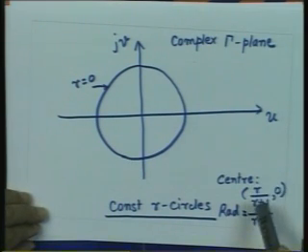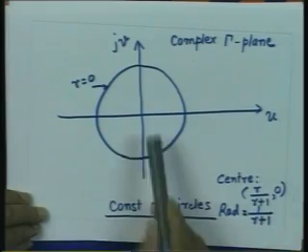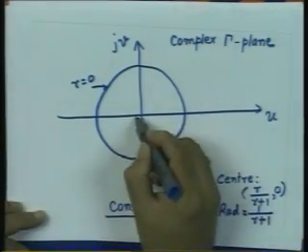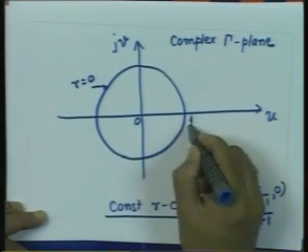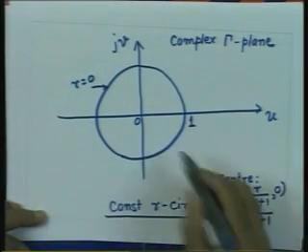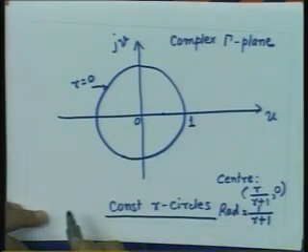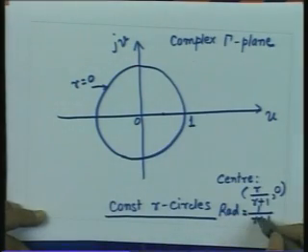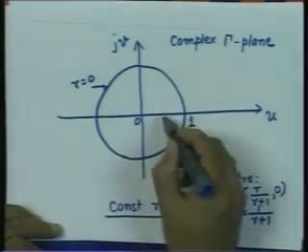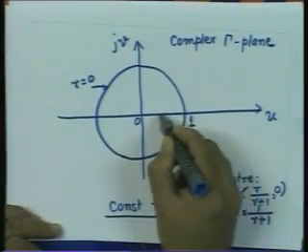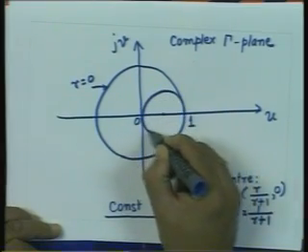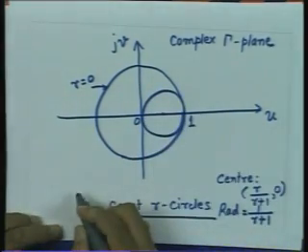So, the center of this circle will lie halfway between these 2 points, because this is 0 origin and this is unity circle, that is equal to 1. So, the center for r equal to 1 circle lies halfway here, and the radius is equal to half. So, this circle passes through origin and will look like that.